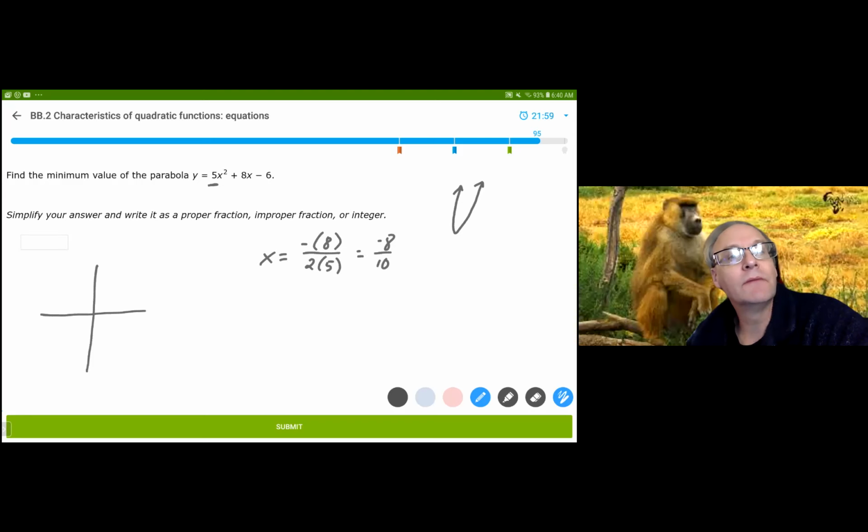We want the minimum value, so I have to substitute the negative 8/10 into my function. This might be a point where you could use a calculator. I would be very careful. It's not that difficult, and it's good practice to do your arithmetic anyway.